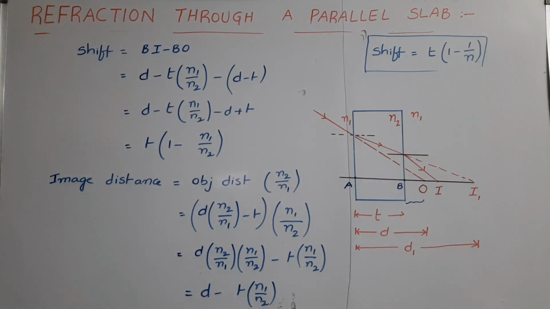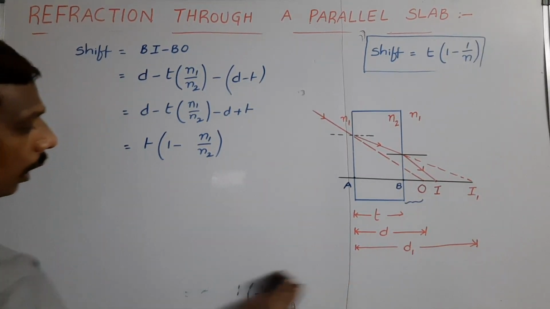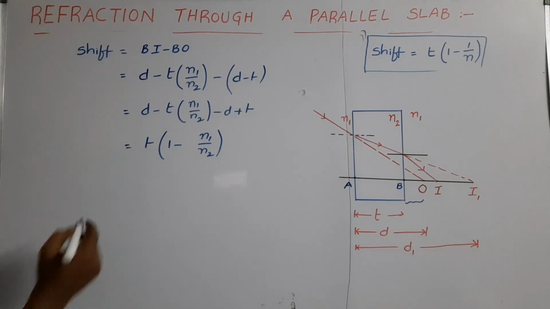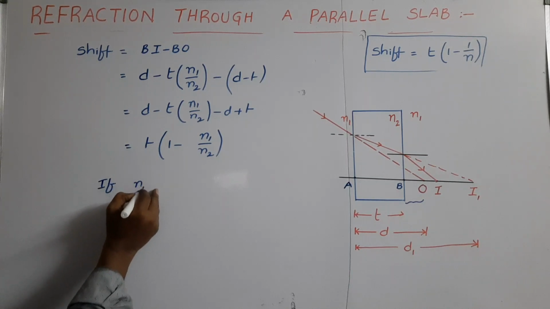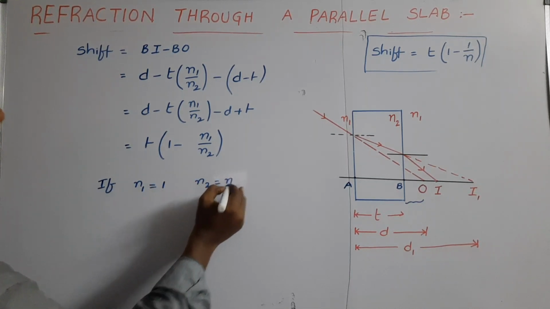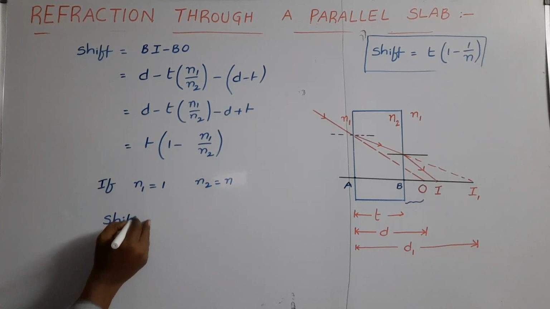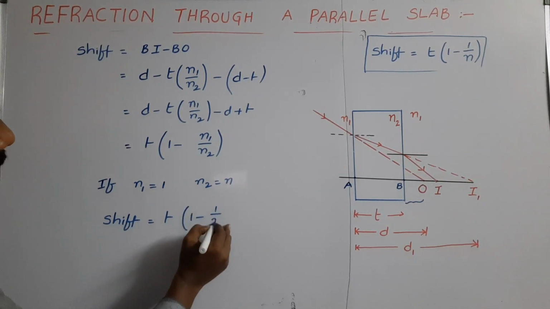In this, if n1 is 1 and n2 is equal to n, then finally shift is equal to t into 1 minus 1 by n.